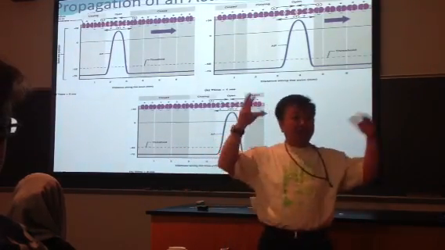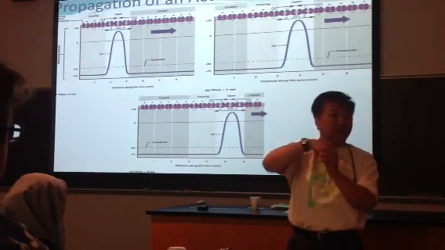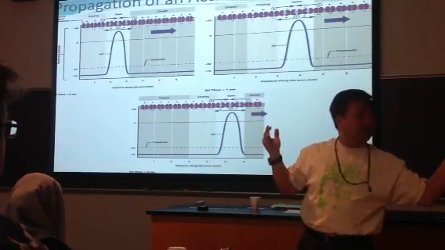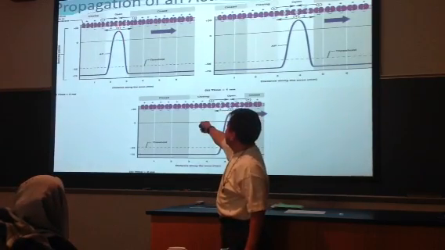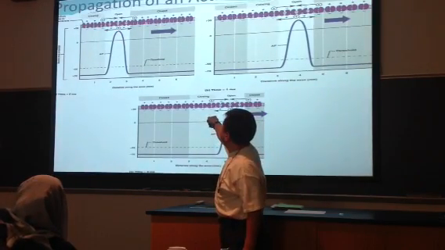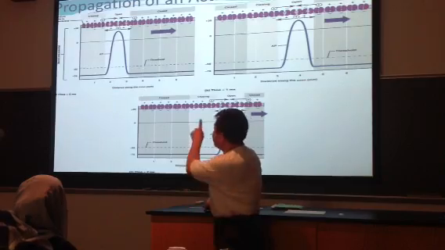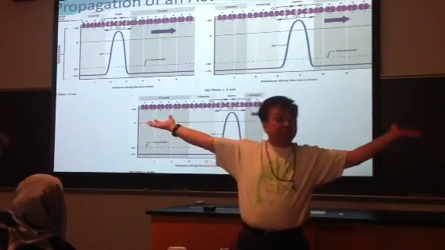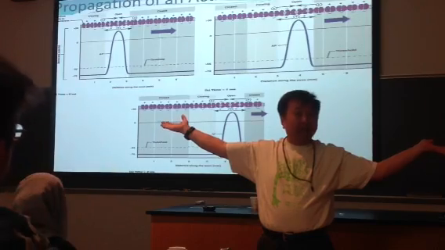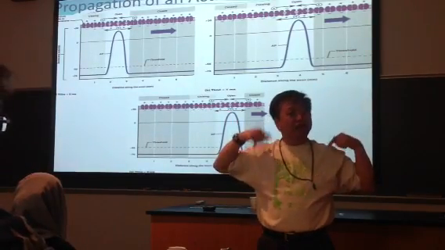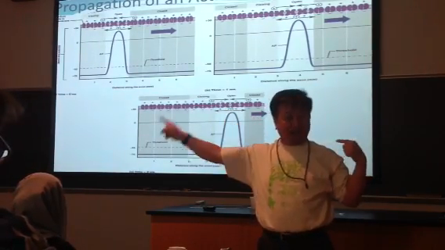If one domino falls down, it causes the other one to fall down. Therefore, when an action potential generates right here, it will cause the other voltage-gated sodium channels to open. Therefore, the signal can spread in both directions, hypothetically. Do you guys see that? And that's how the action potential is able to propagate.